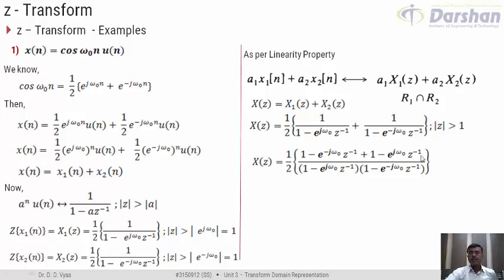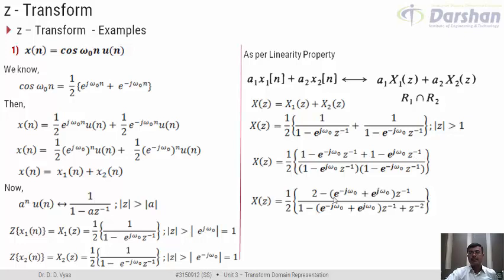Now if you try to see the numerator, we would have 1 plus 1, which would be equal to 2. And if I see these two terms, z raised to power minus 1 can be taken out, and hence I would get something like e raised to power minus j omega 0 plus e raised to power j omega 0 in the bracket.